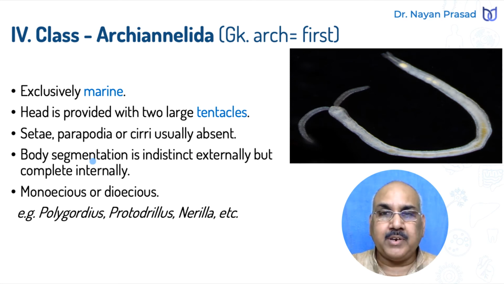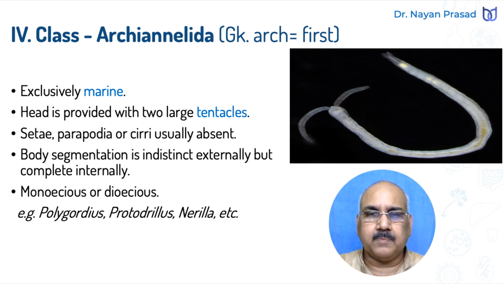So the body is segmented internally, not clear externally. The members may be monoecious or dioecious, meaning unisexual or bisexual, and common examples are Polygordius, Protodrilus, Nerilla, etc. The image is that of Polygordius.